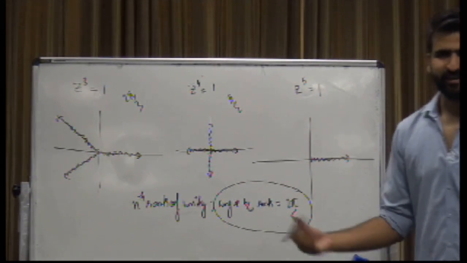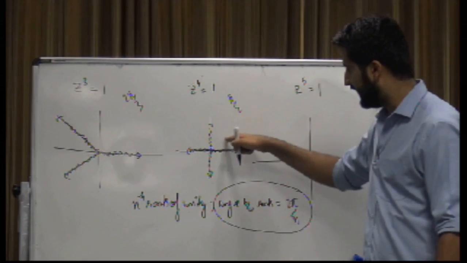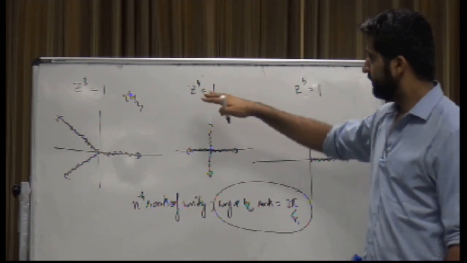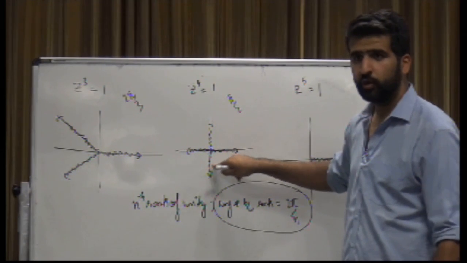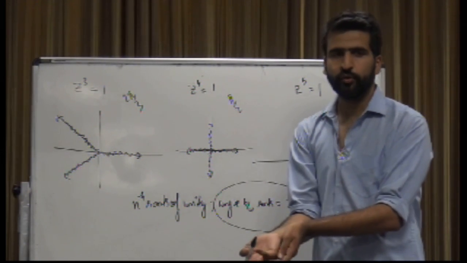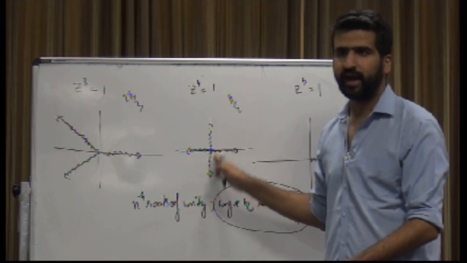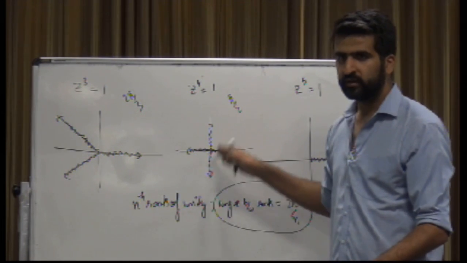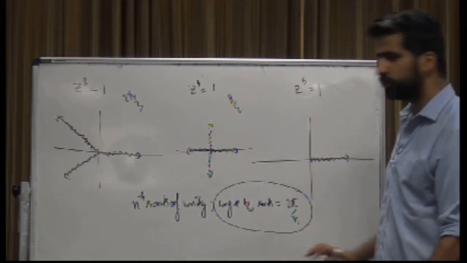This is a very obvious thing also. Since I'm getting n roots, I'll have n partitions over here. Whenever I have 4 roots, I will have 4 angles, which are adding up to give you 2 pi. The sum of all these 4 angles will be equal to 2 pi. Then each angle will be equal to 2 pi by n.